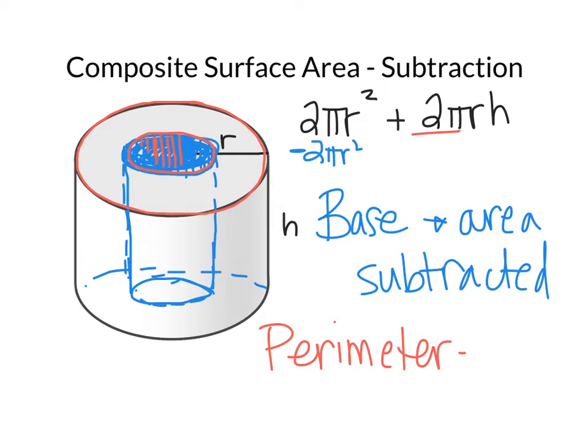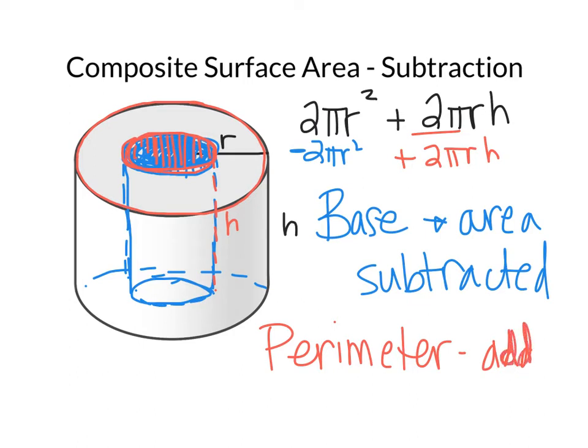So we have to add in more perimeter, because if we were to unfold it, this thing in here would be a rectangle, where one of the lengths would be the perimeter of this top and the other length would be this vertical side here, which still has the same height. So we have added extra perimeter.